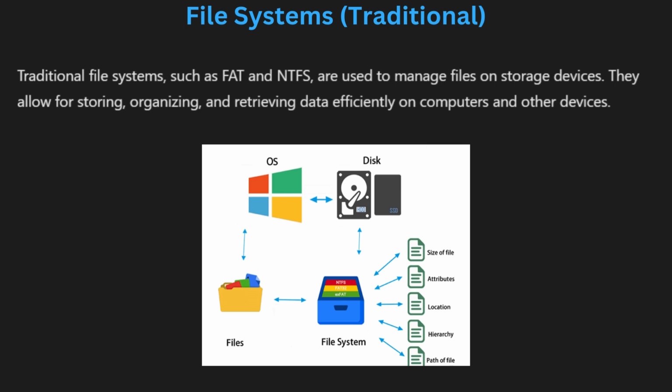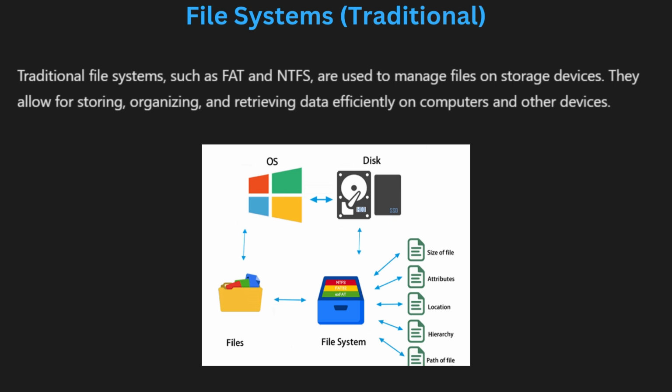So file system. Traditional file systems like the FAT32 or NTFS are used to organize and manage the files on storage devices. These systems are designed to handle all types of files including the text, audio, video and images.